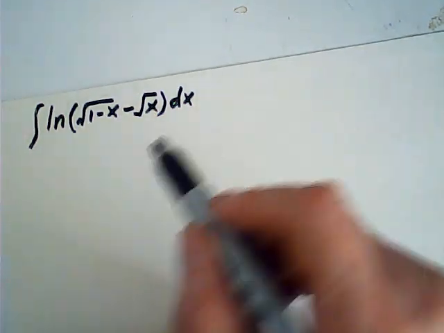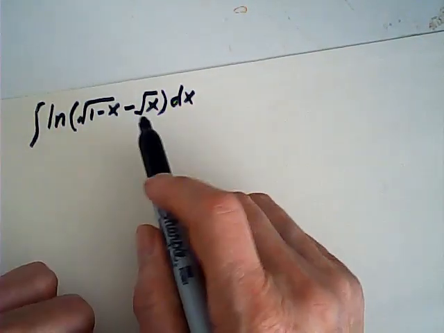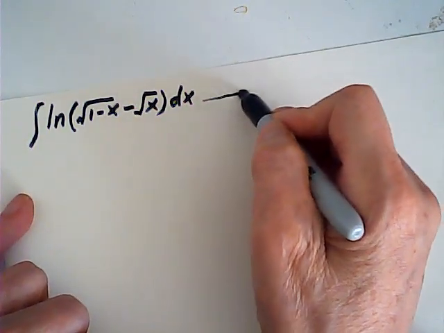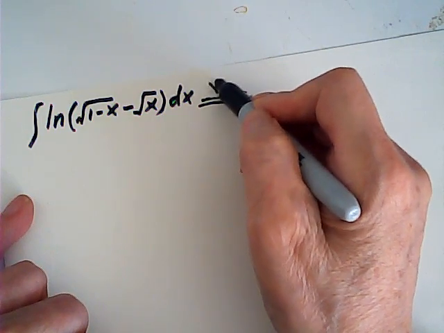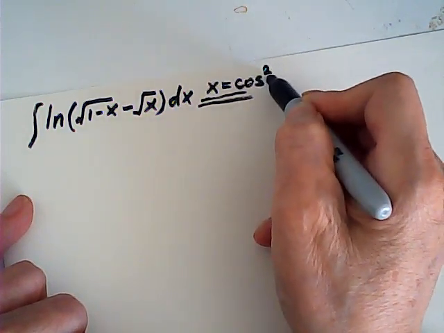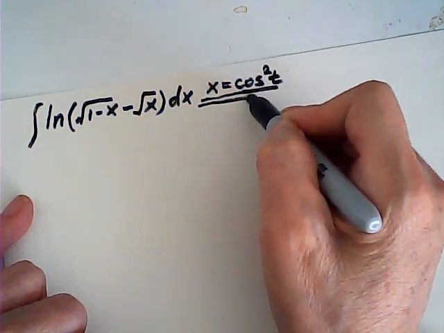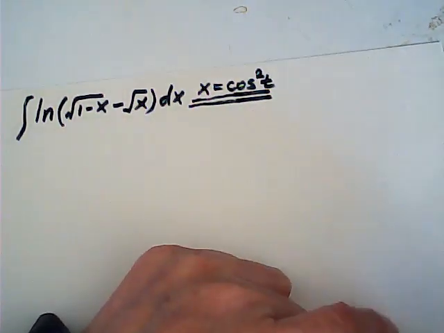Now, first, I'm considering the square root, right? So I let x be cosine square t. So obviously I want to get rid of the square root.